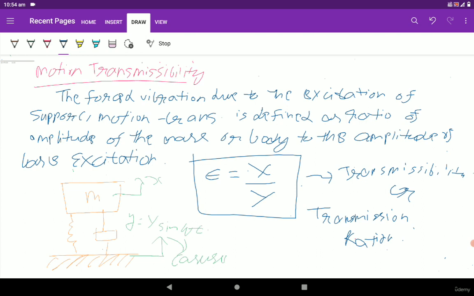So let's write the simplified equation for this case.